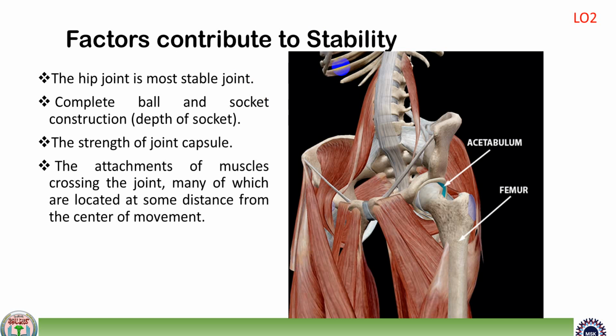In addition to the bony stabilizing structures, the strength of the capsule and the capsular ligaments are all important for the stability, in addition to the muscles that cross the joint and act on it, which are also important for the stability. So the stability of the hip joint comes from the bone, from the capsule, from the ligaments, and from the muscles around.